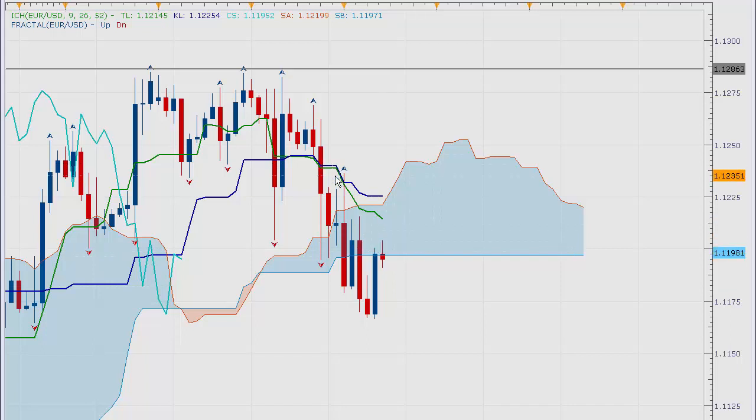We've had a TK cross, a weak TK cross because it's above the cloud, and you can see the market's moving to the downside. So now if we wait for a break below this level, I'll put a line on.